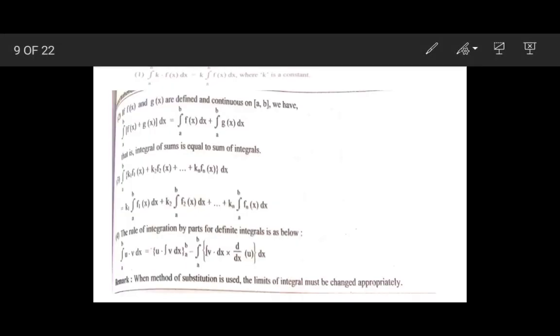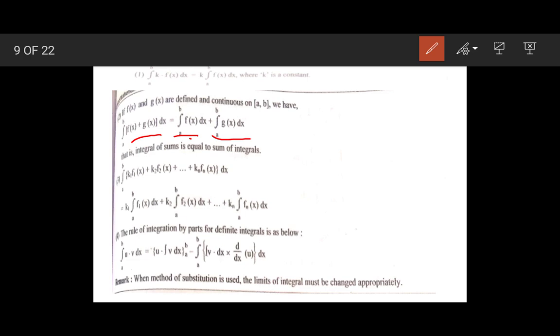Now the next part is the rules of definite integration. So the rules of definite integration are mostly similar to the rules of indefinite integral. The first rule is the integral from a to b of f of x plus g of x. If addition is given, then you can find the integral separately for both the terms.